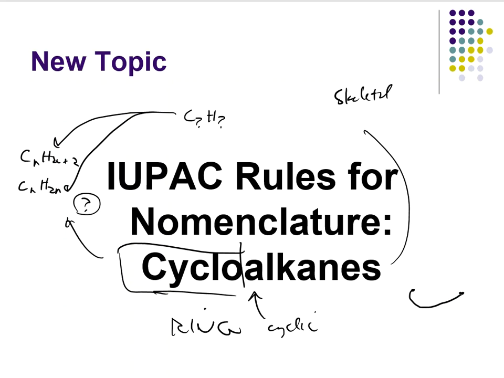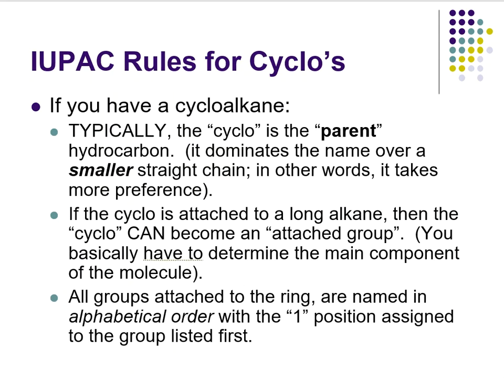Okay, so rules for the cycloalkanes. Very similar to the straight chain alkanes. There's hardly anything that's different. You still have to find the parent hydrocarbon, and that parent hydrocarbon is the longest carbon chain. This could be the cyclo group, or it might not be, depending on the structure.